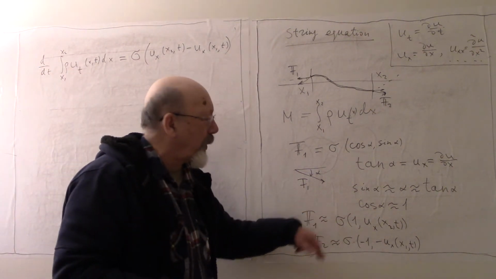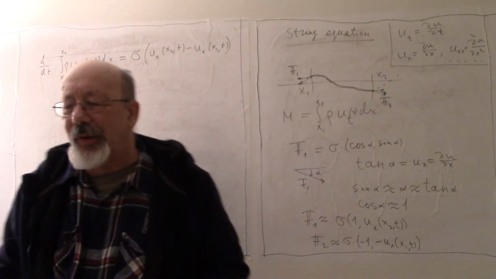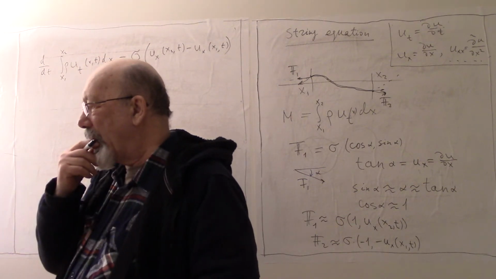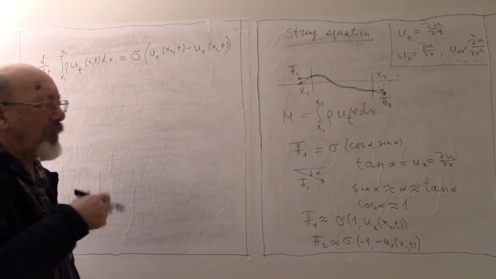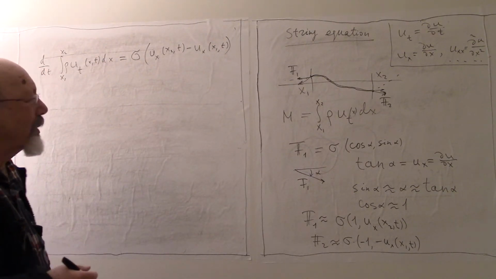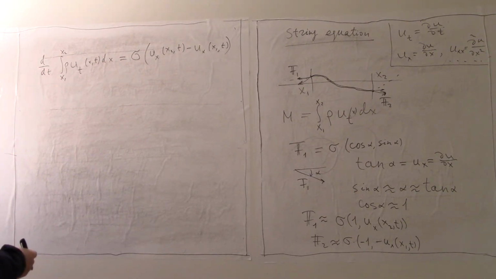Instead of approximately, I simply write equal, because it is a tedious thing to estimate different small terms here. Let us swallow this and think that it is more or less equal.